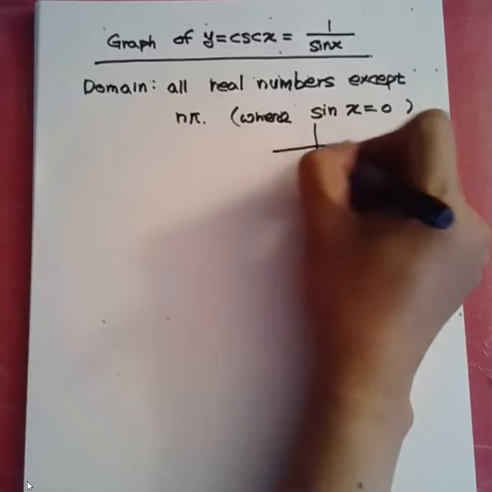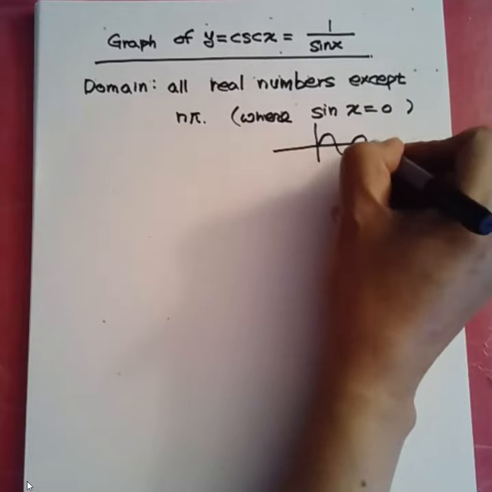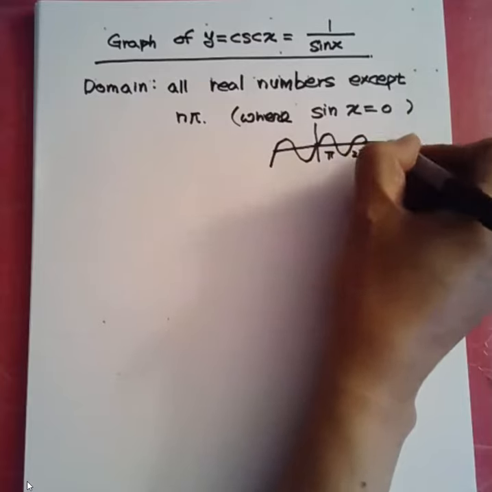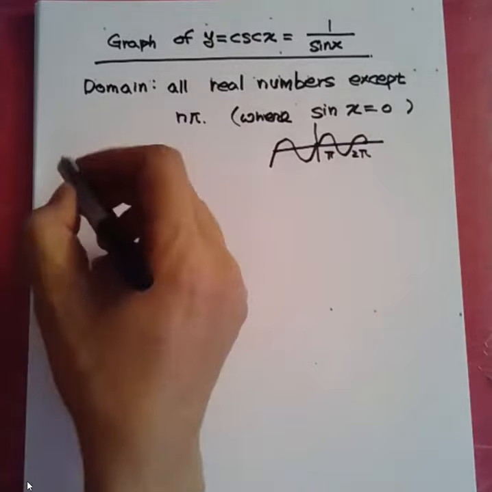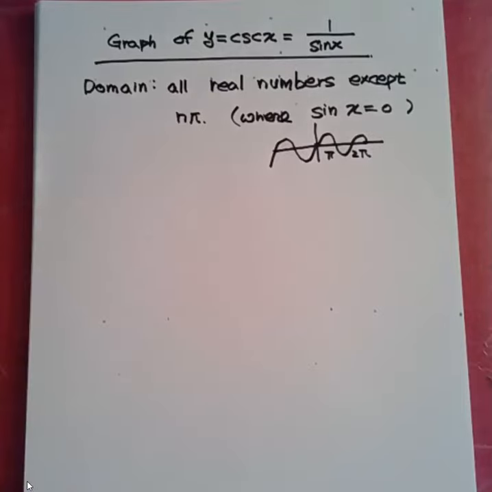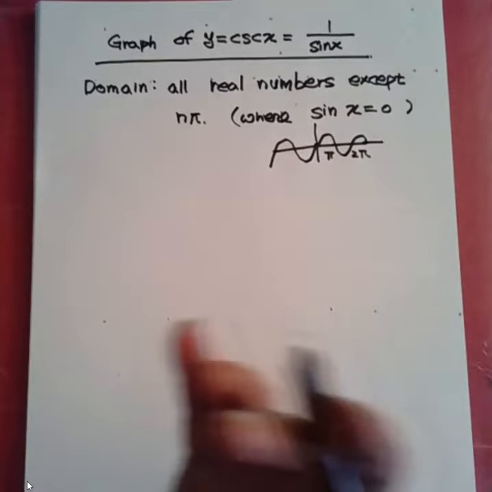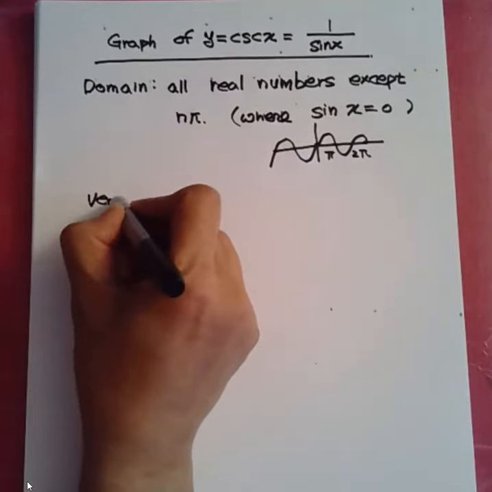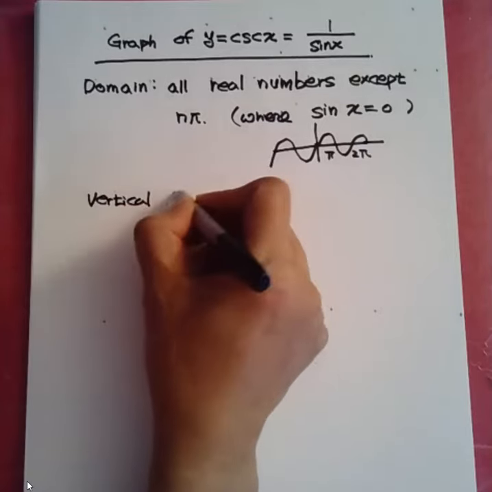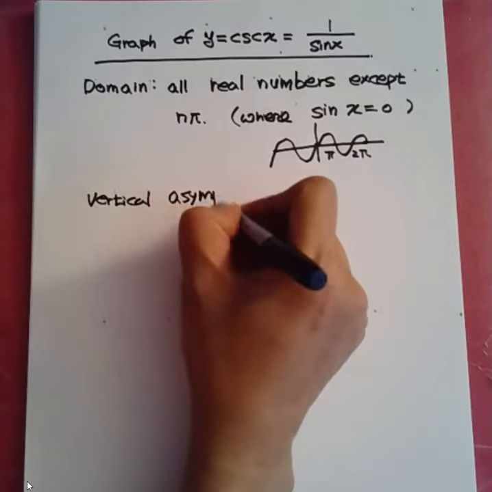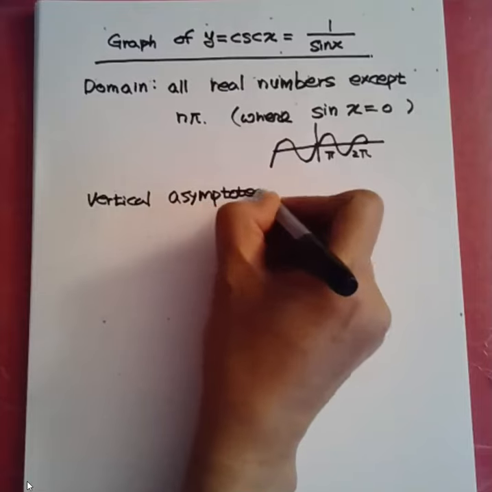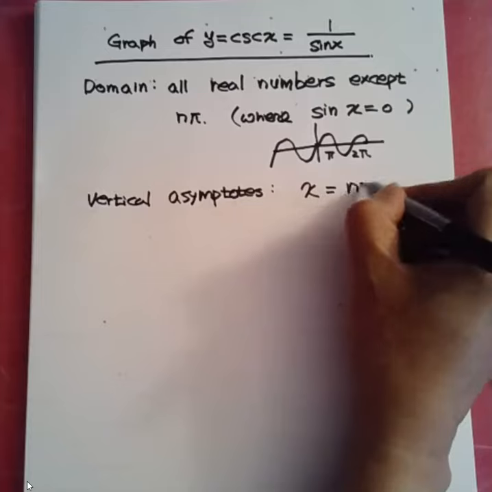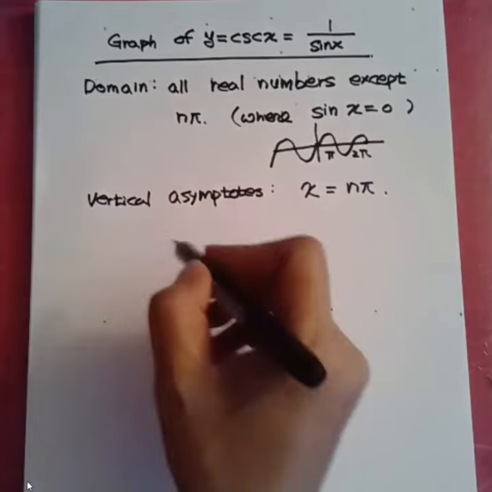Just imagine the graph of sine. Pi, 2 pi, and so on. I said whenever this fraction form is undefined, it causes vertical asymptotes. So the vertical asymptote is x equals n times pi when n is an integer.